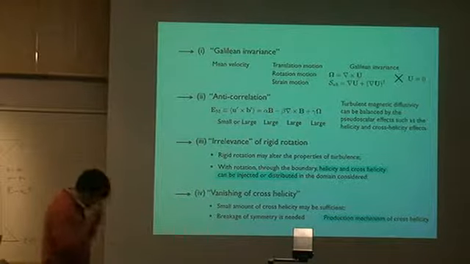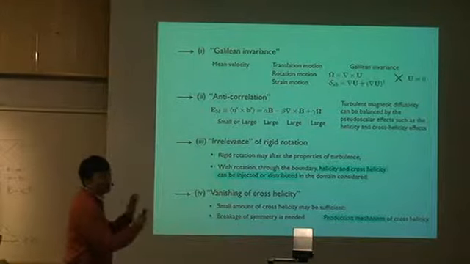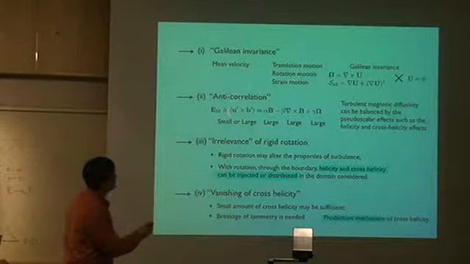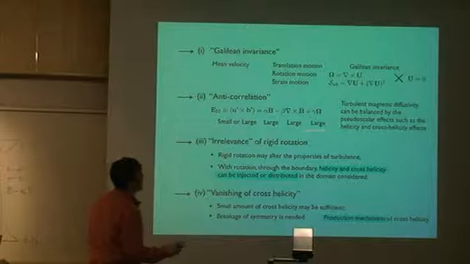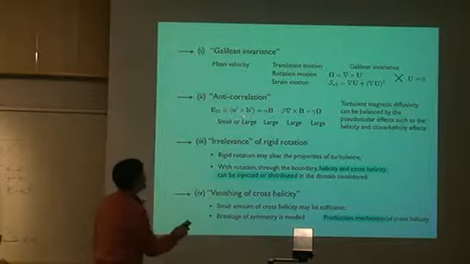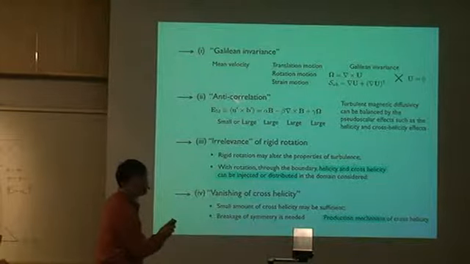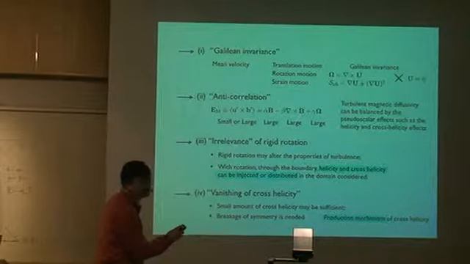The point is that each effect can be very big, but in case of balancing, this quantity can be very small. Turbulent magnetic diffusivity can be balanced by these pseudo-scalars. So the relationship between alpha or gamma and the turbulent electromotive force is considered in combination with this effect.